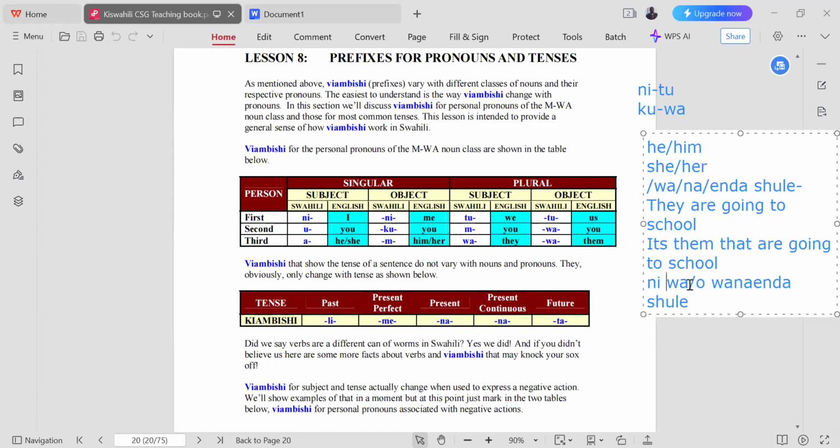So our key concept is the word will still remain in both subject and object. So do you understand now why in the third person pronoun, where we are looking at the plural part, it is wa for they, and it is wa for them? That's what I was trying to explain.